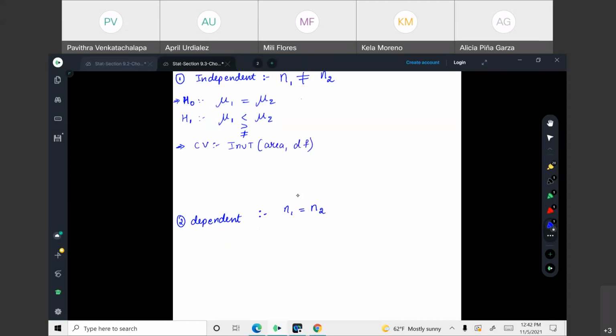Area is nothing but the alpha, whichever is given. df is the degree of freedom, and the formula for df is n-1. When it comes to two samples, we have n1, n2. Whichever is smaller will be your df.